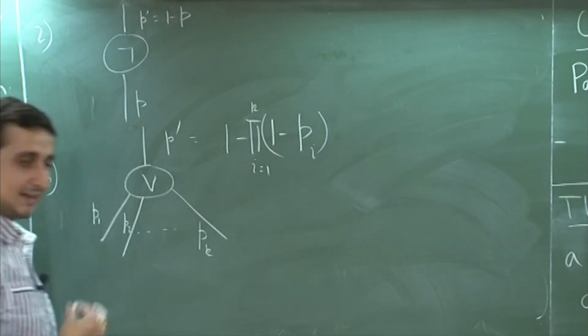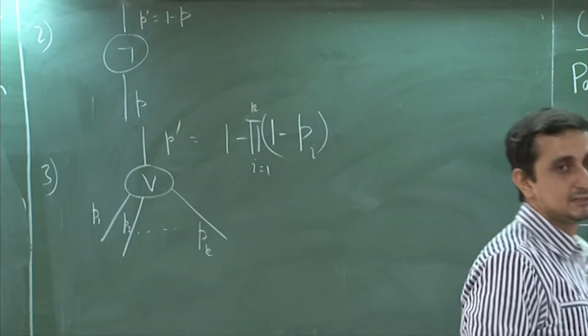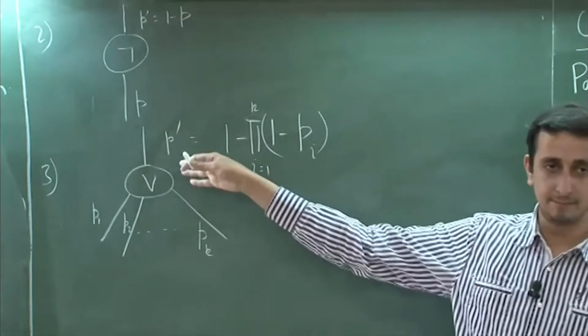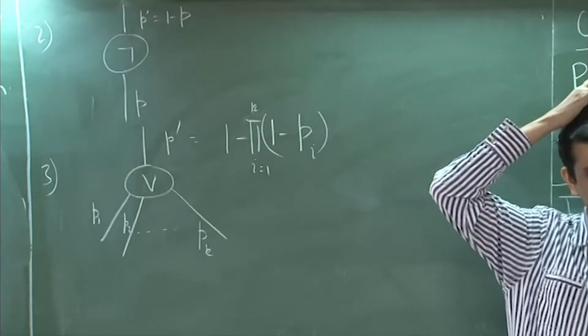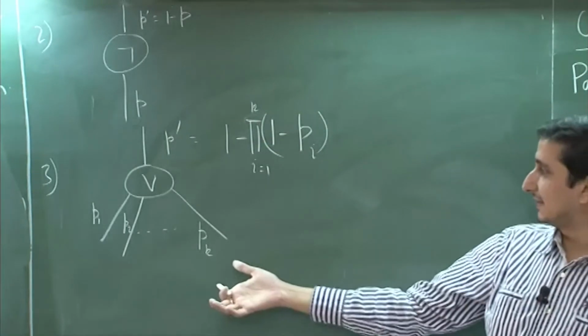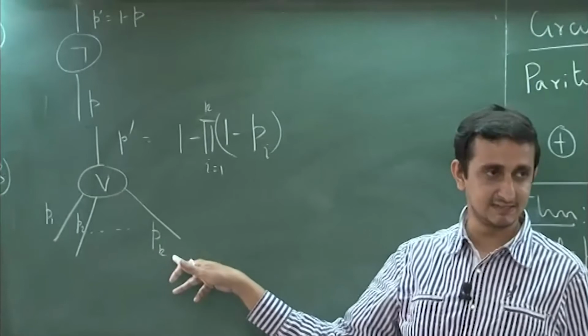Okay. But let us just analyze what will be the degree of this polynomial. What can be the degree of P prime? How large can it be? So, in general, since it is an AC0 circuit, k can be as large as n.